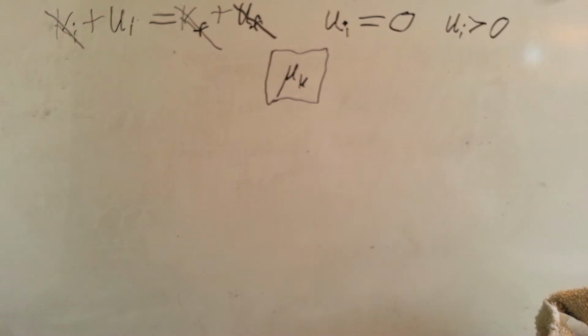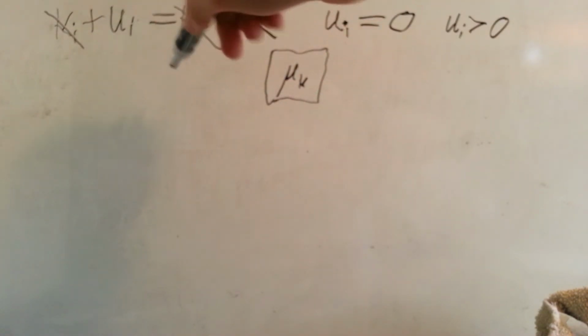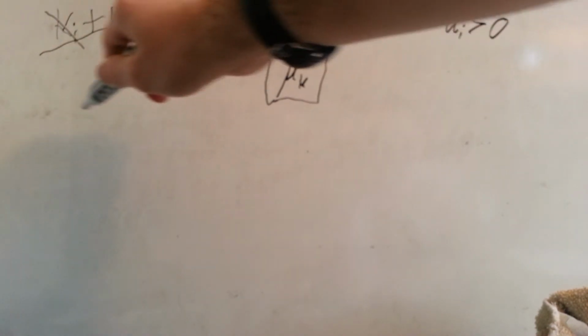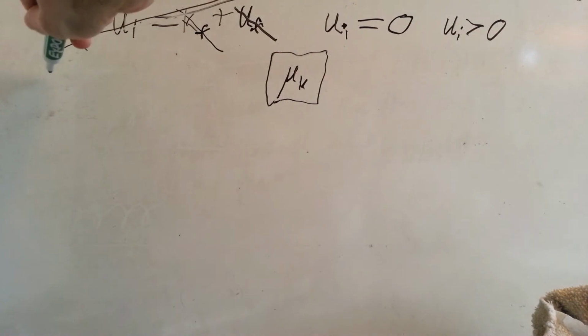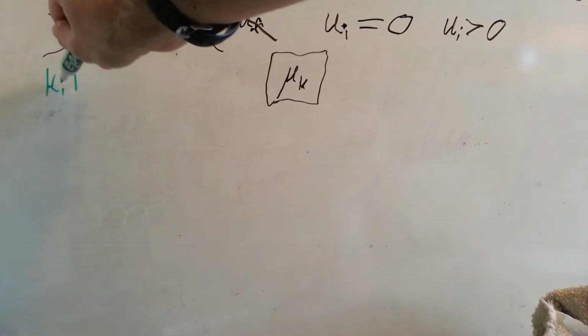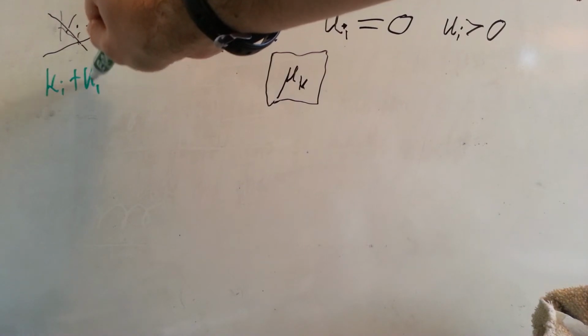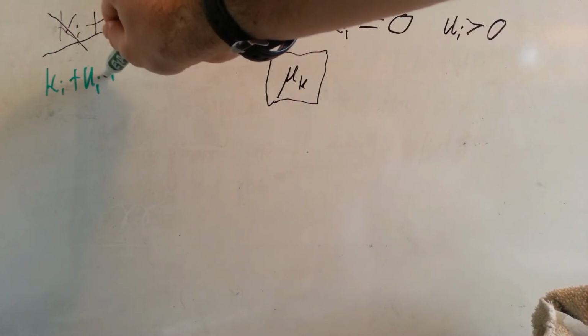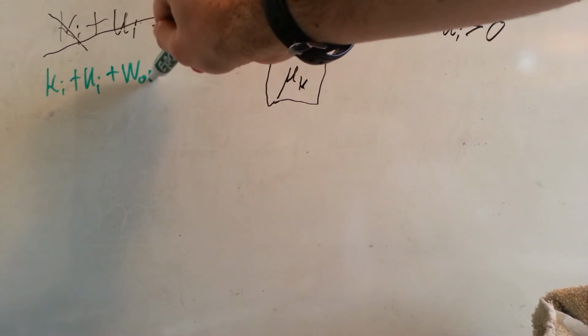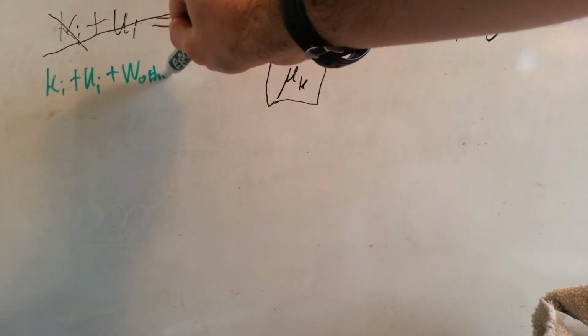So this equation is not right. We're missing something here. So instead, we'll have K sub I plus U sub I plus W other, some kind of work. In this case, it's friction.